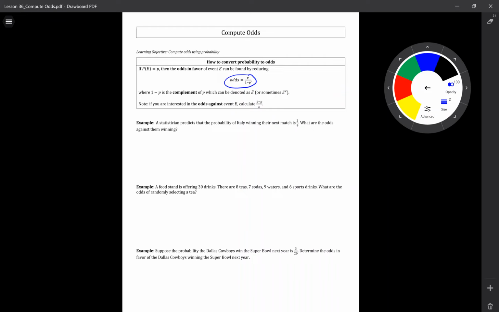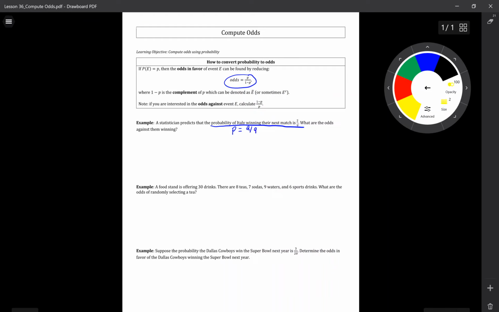A statistician predicts that the probability of Italy winning their next match is 2 ninths. What are the odds against them winning? So this probability of Italy winning their next match says that P is equal to 2 ninths.